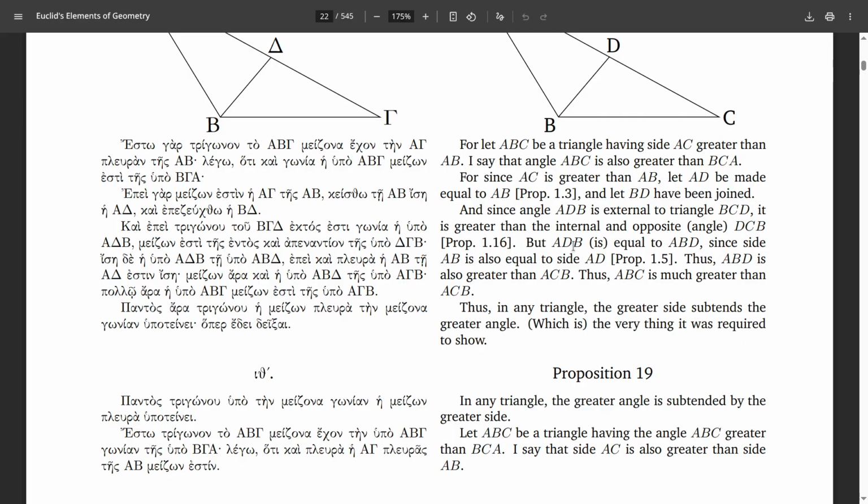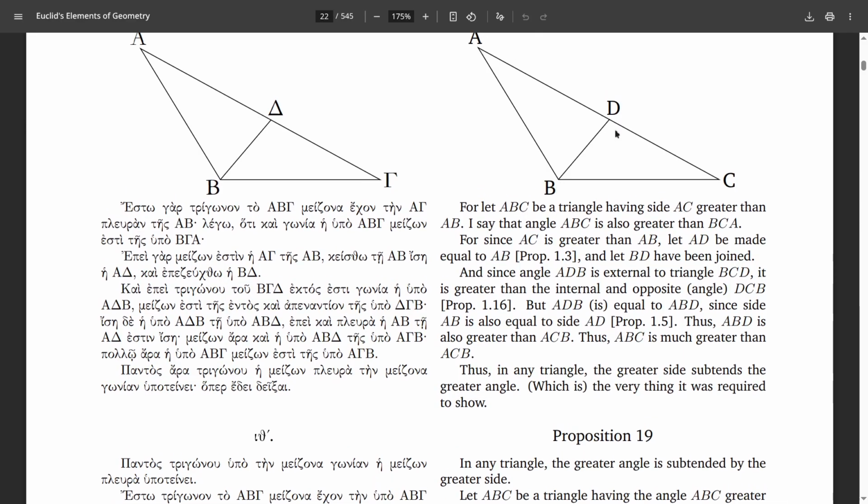Thus ABD is also greater than ACB. ABD is also greater than ACB.